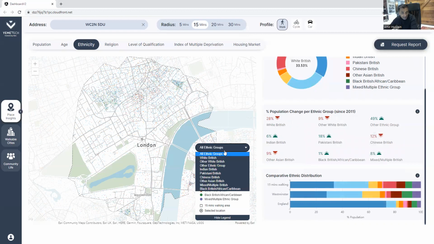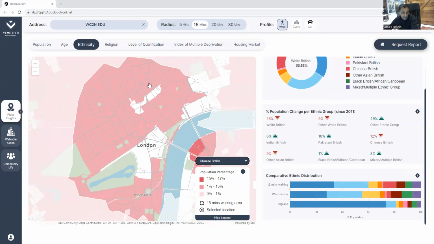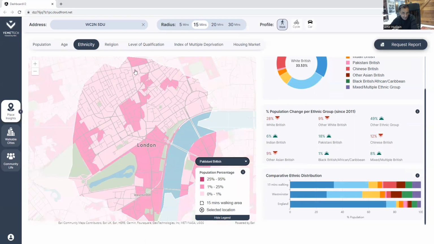I can then go into any specific race and start to identify those pockets. So we can see that if we look for the Chinese British, well, then that is the area where it's most prevalent. And if we look at, say, the Pakistani British, well, we can see these darker areas where they're most prevalent.